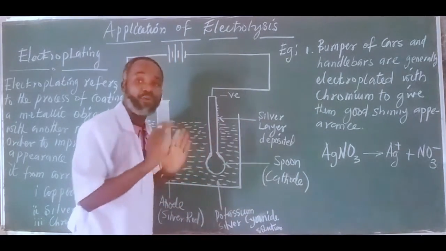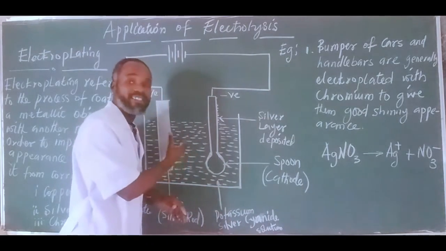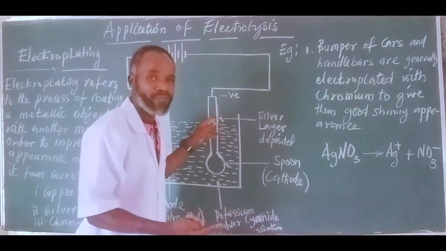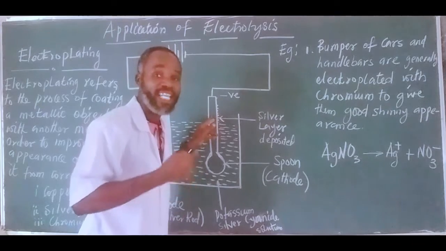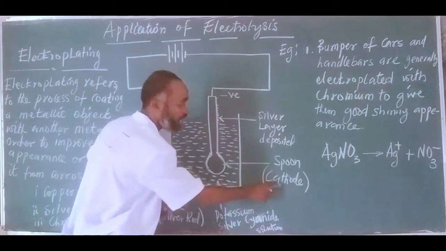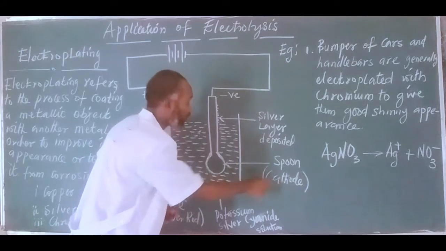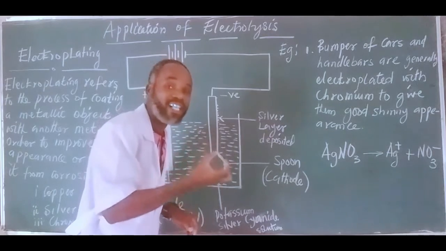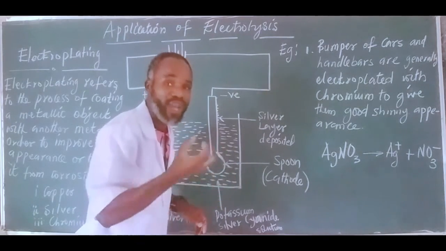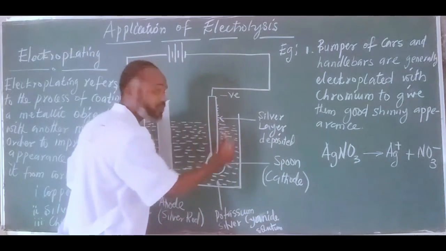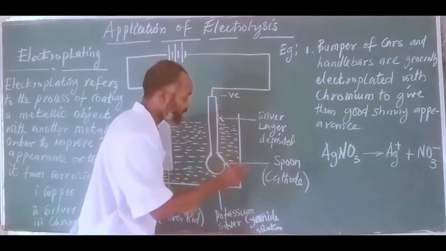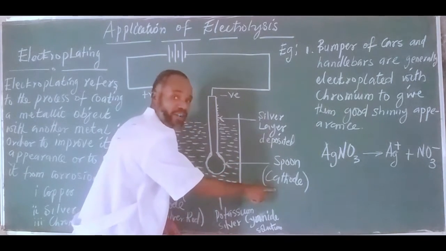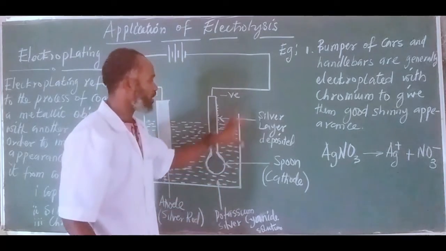That's the reason for using silver nitrate solution. The spoon is to be electroplated, and because the spoon is to be electroplated, it is used here as a cathode. I repeat, because the spoon is to be electroplated, for it to have silver look or silver appearance, it is used in the voltameter as the cathode. Yes, electrode, but this name is cathode. That's why we use the spoon as a cathode.